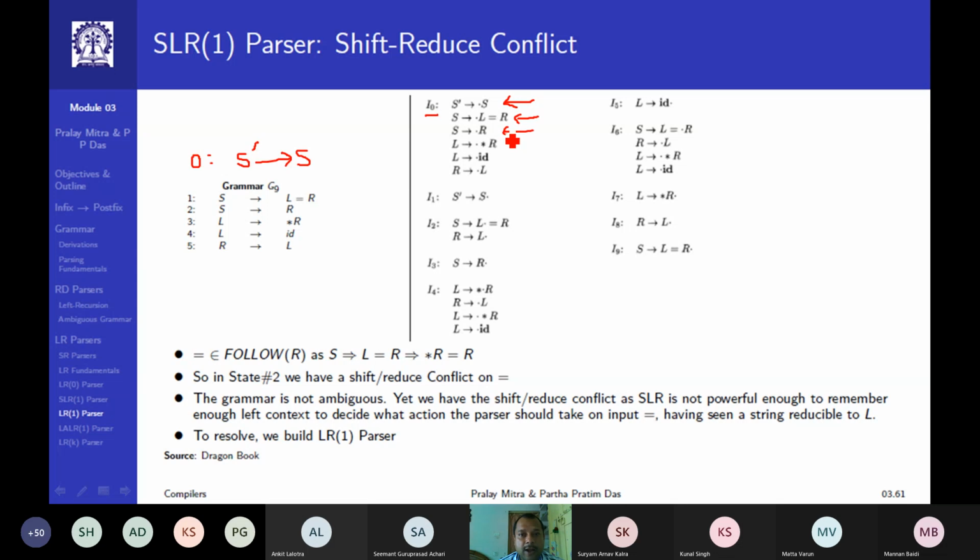Now for the third item, which is part of state I0, the dot is appearing on the left of R. So the 5th production rule will also be added in state 0, where the dot is on the left hand side of L. Since you already included production rules 3 and 4, because of the inclusion of the last item here, there will be no further changes. And that will give you the 0th state here.